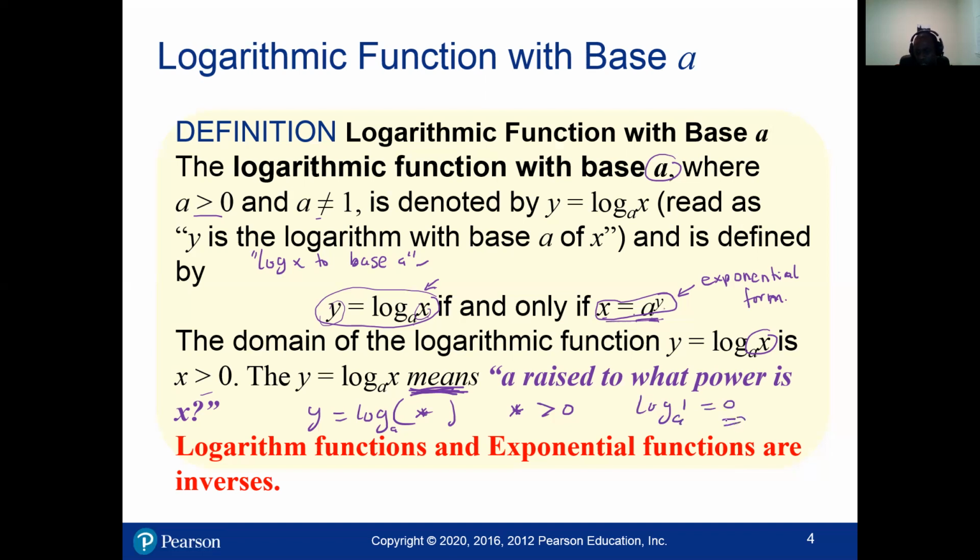Why? Because a raised to 0 is equal to 1. No matter what a is, anything raised to 0 is 1. Now, again, we want to emphasize that the logarithmic functions and exponential functions are inverses.